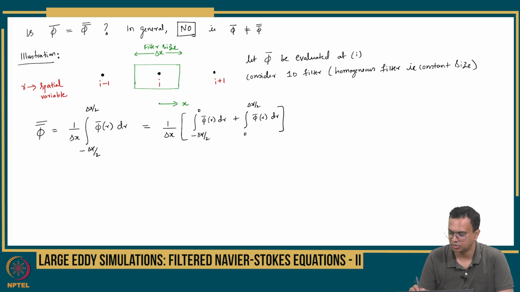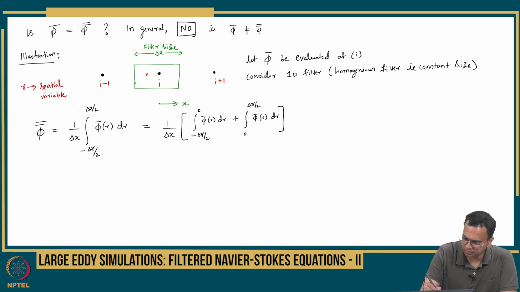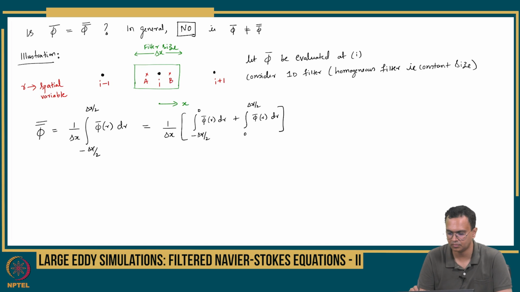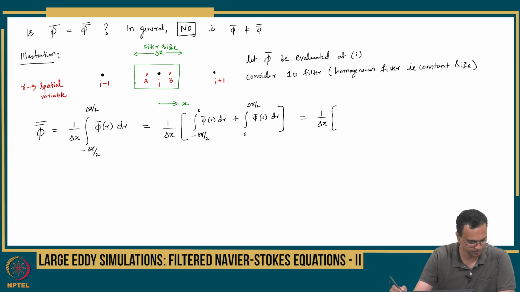Now I do a numerical approximation. I use the trapezoidal rule. I have points here, call them A and B. Using the trapezoidal rule, I can say this is equal to 1 by delta x times delta x by 2 phi A bar plus delta x by 2 phi B bar.